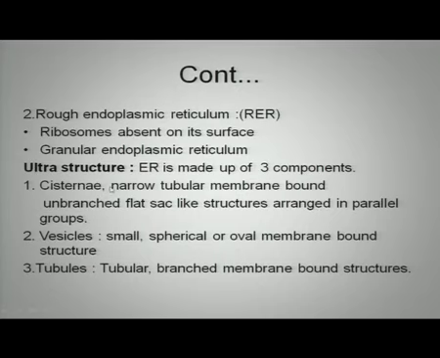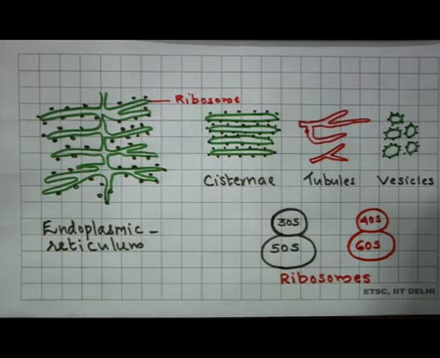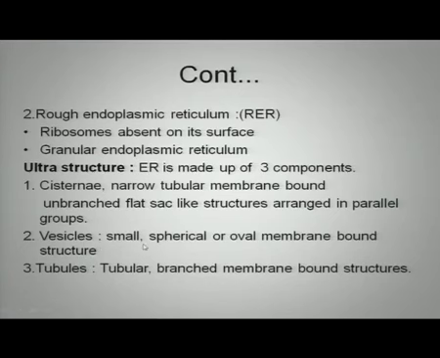Similarly, vesicles are small structures, spherical or oval in shape, and single membrane bound. Coming to tubules, they are tubular and highly branched, single membrane bound structures.